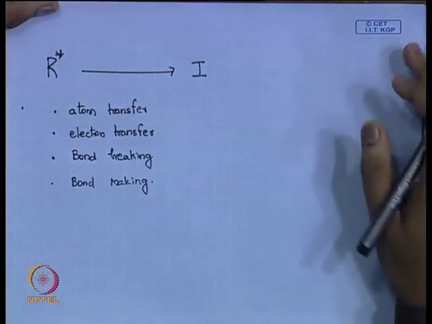So, these 4 things can occur from your R star to give you an intermediate I.